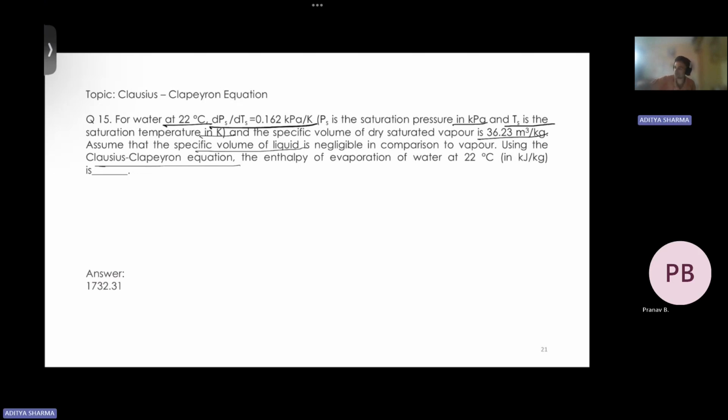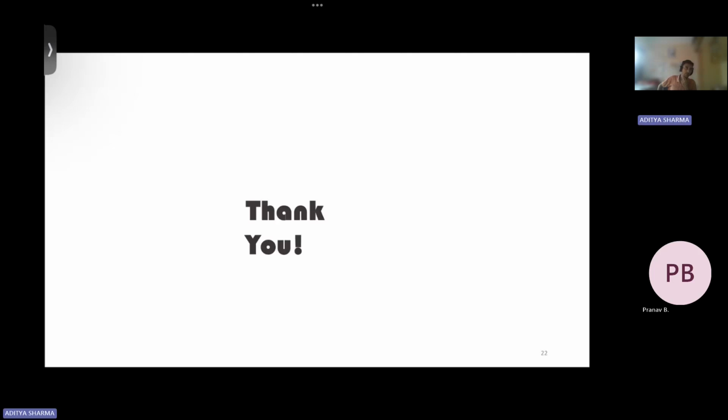So let's conclude the session. This session was basically about thermodynamic property relations. In the first lecture of this week, lecture 10, we saw different relations: four Maxwell relations, eight basic relations, and then four additional relations based on the basic relations.